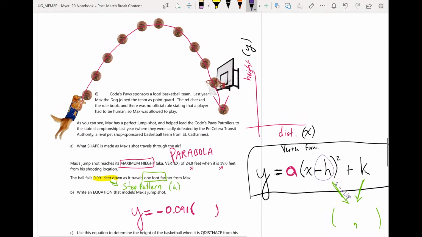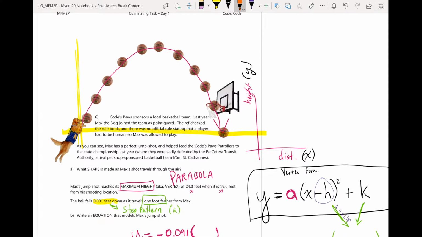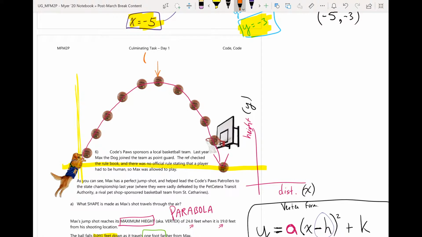If we think about this as a graph, and the vertex is right here, we know that this coordinate is 19, my x value, and 24 is my y value. Right, because this is 24, and that's 19 right there.